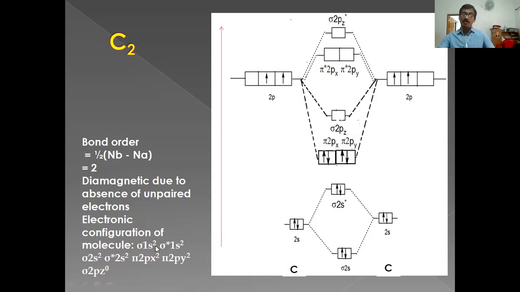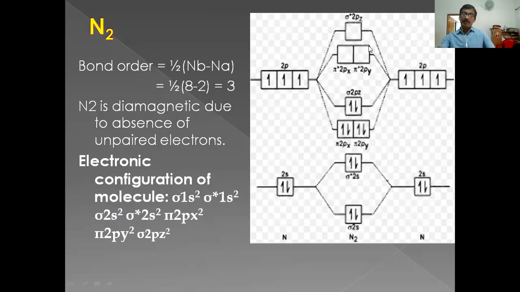So sigma 1s2, sigma star 1s2, sigma 2s2, sigma star 2s2, pi 2px2, pi 2py2. That is the electronic configuration of C2.